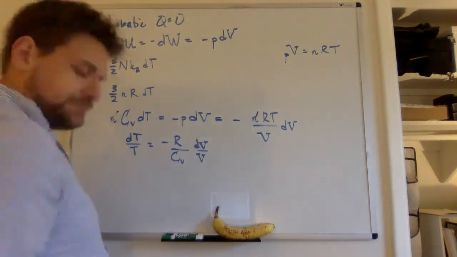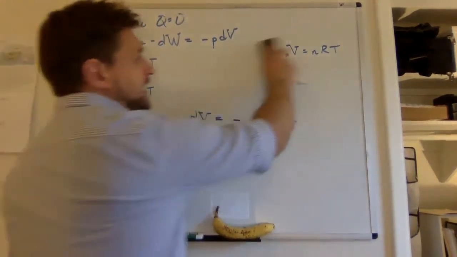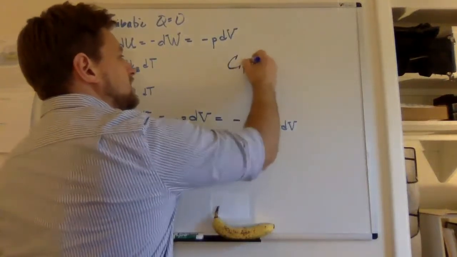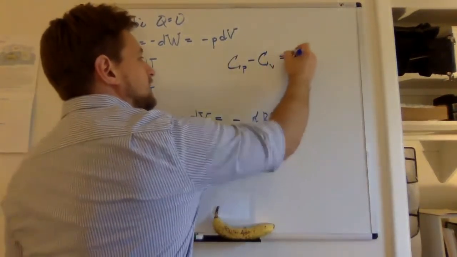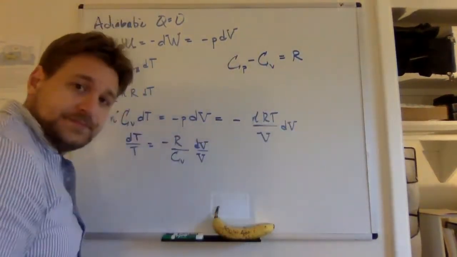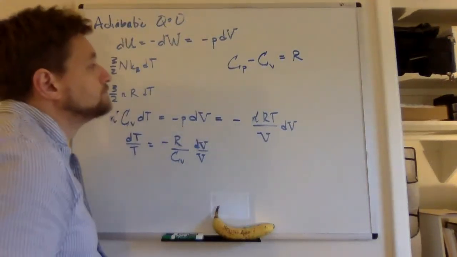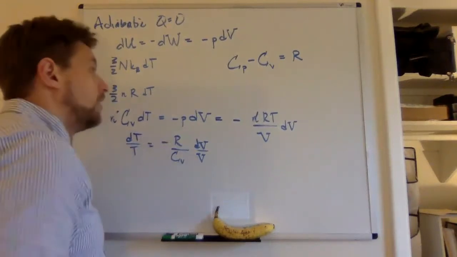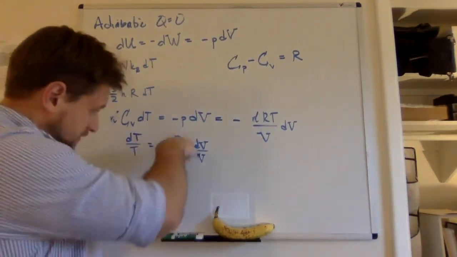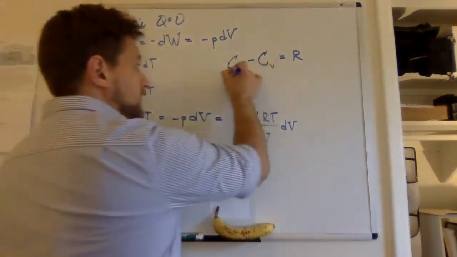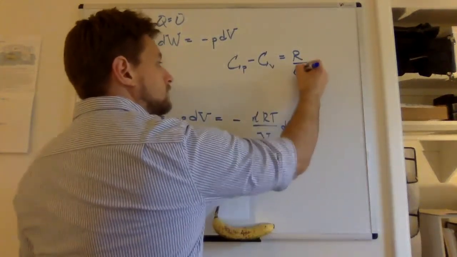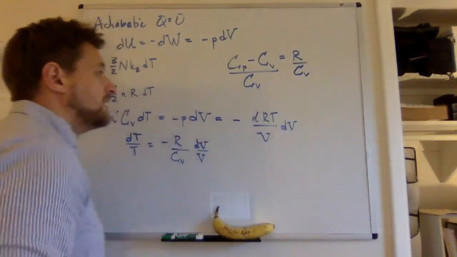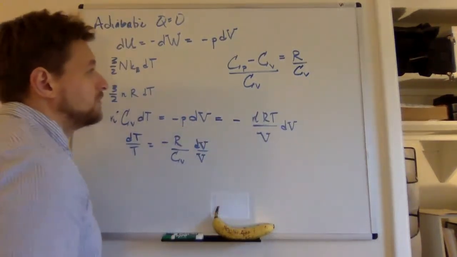So instead of doing that, let's think about the fact that the difference between C_P and C_V is R, which means we could replace this R with that difference. So this ratio here is the difference between the molar heat capacities divided by the molar heat capacity at constant volume.